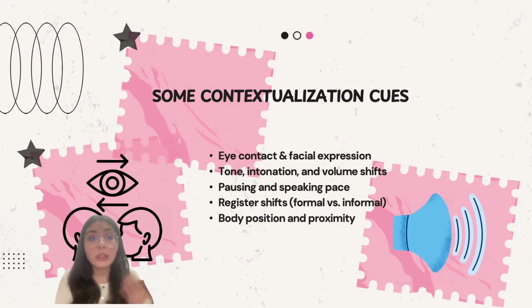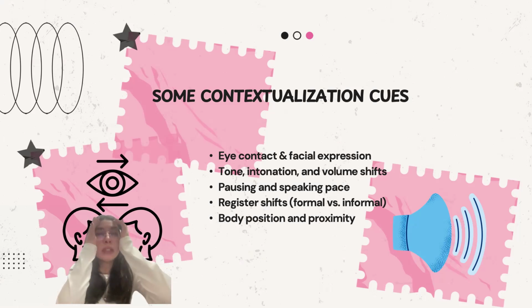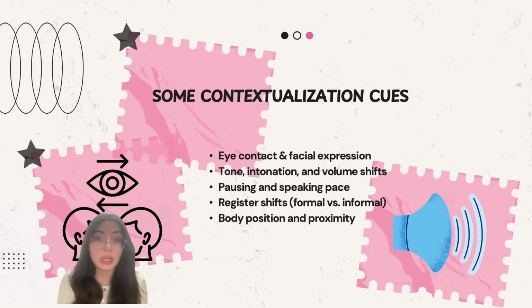Tone, intonation, and volume shifts often guide students toward expected answers or signal whether something is serious or humorous. Pausing and speaking pace affect wait time and student participation, sometimes encouraging responses and sometimes discouraging them.